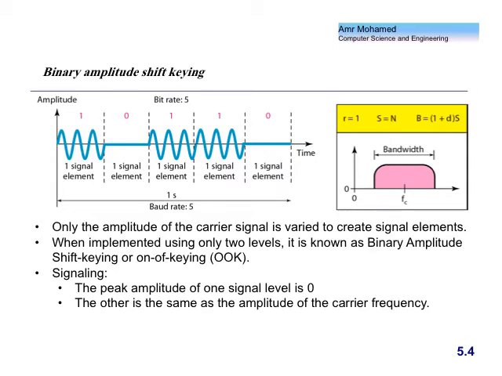And the other important aspect is that, remember now, this carrier frequency is the frequency of the sine wave. So the bandwidth is the signal rate multiplied by 1 plus D, right? But the center frequency here is the frequency of the basic sine wave.